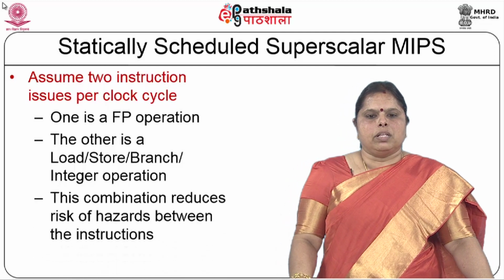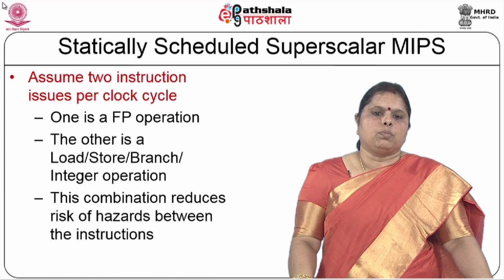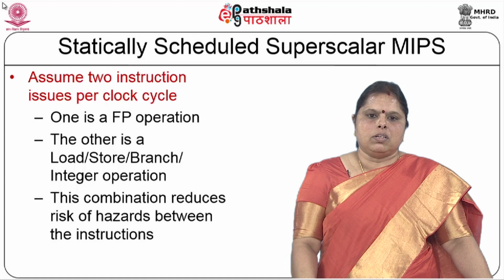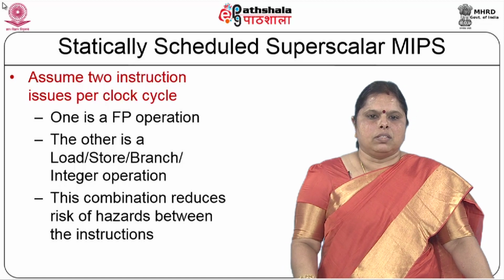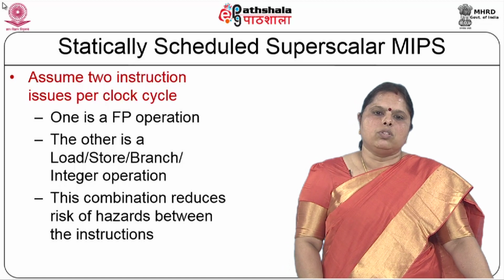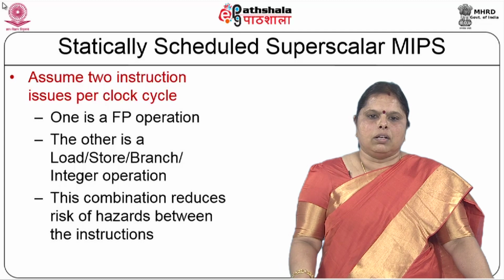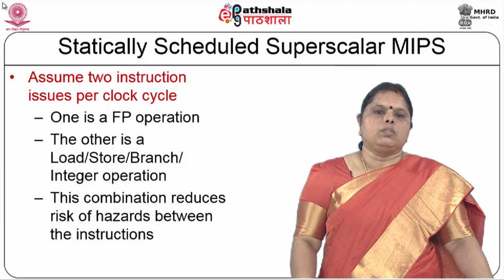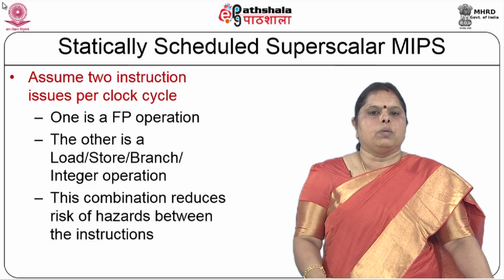This combination basically reduces the risk of hazards between the instructions, because we normally look at separate floating point registers and separate integer registers. So, if you have a combination of a floating point instruction and an integer instruction, the dependence between these instructions, and hence the hazard, becomes minimal.